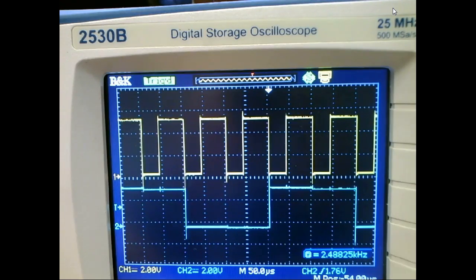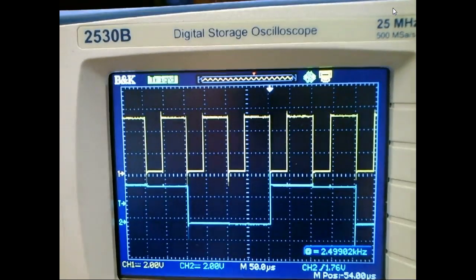I just don't have a really good fine adjust on it. That's about as close to 2.5 kilohertz as I can get. But if we check the input, it would be really, really close to 10 kilohertz now, right? Okay, guys, we're ready to move on.